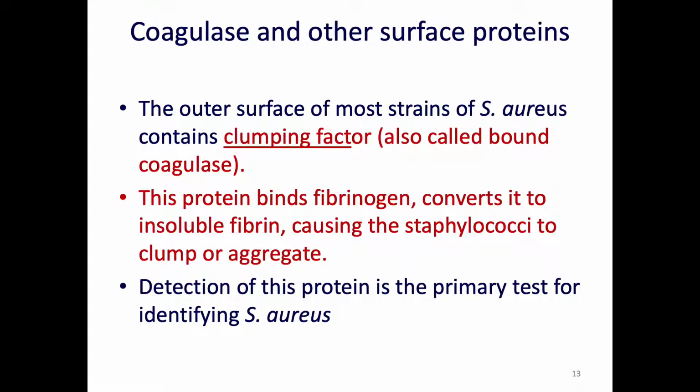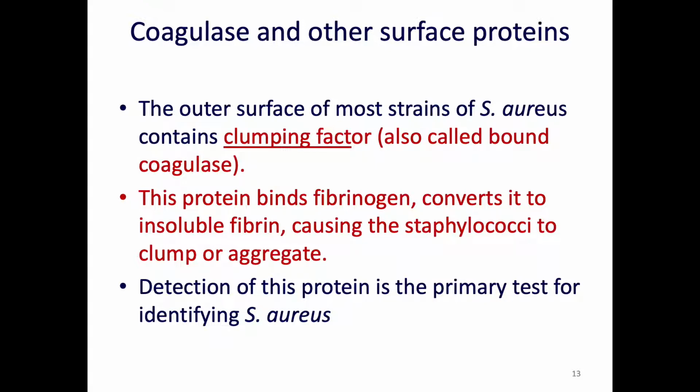Coagulase is another protein. The outer surface of most strains of Staphylococcus contains clumping factor, which we already saw on that picture. It is also called bound coagulase. This protein binds fibrinogen, converts it to an insoluble fibrin, causing the Staphylococci to clump or aggregate.